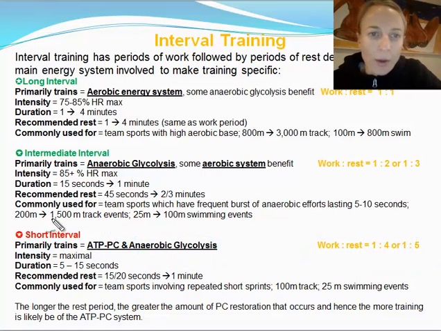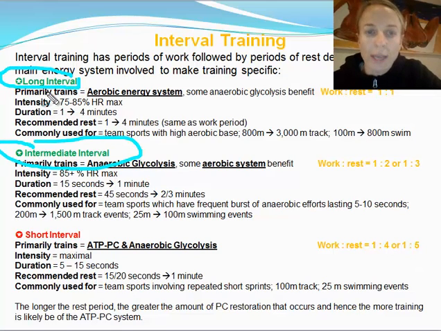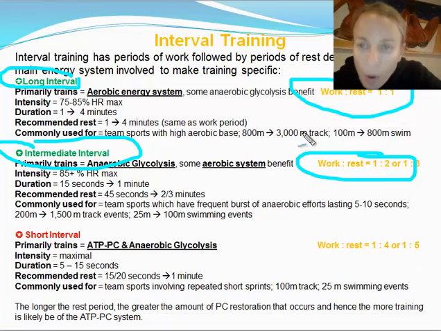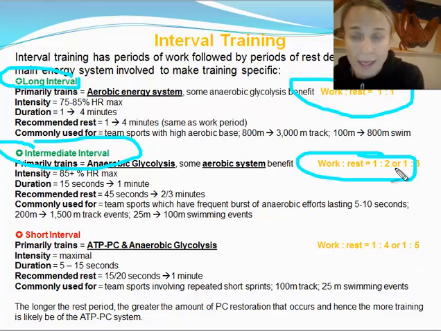Whereas our intermediate and our long interval training, this is where our work to rest ratio is lower. So we have a smaller rest compared with the short interval training. So 1 to 2, for example, that means we work for 1 and we rest for twice that amount.